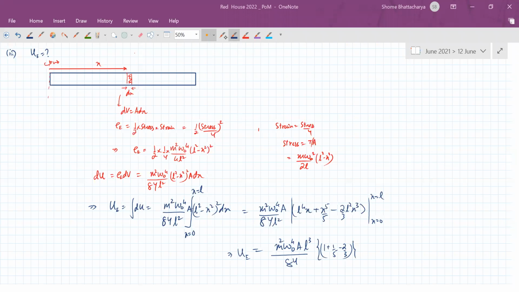Yeah, sorry, the A will come in the denominator, because it's stress square. So this A will actually come in the denominator. There's an A square here, so the final area that we get will come in the denominator, not here.